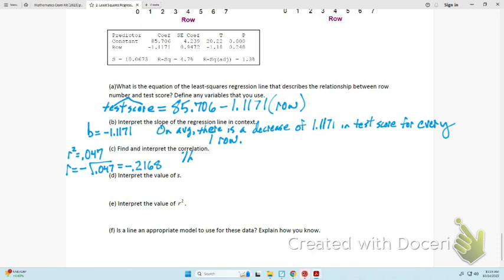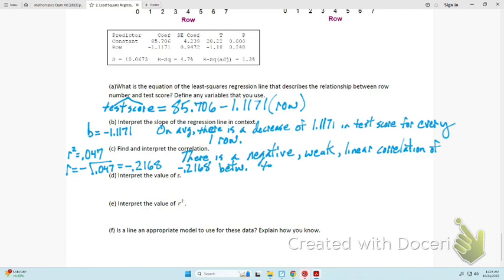There is a negative, weak, linear correlation of negative 0.2168 between test score and row number.